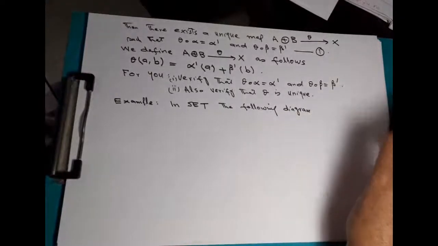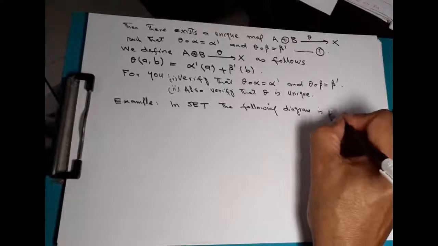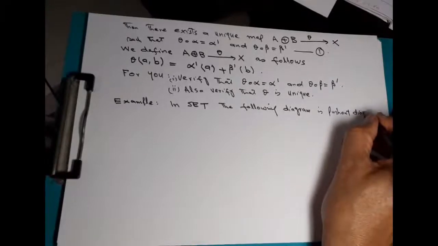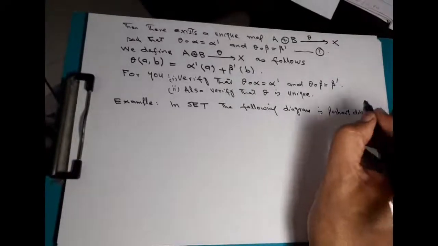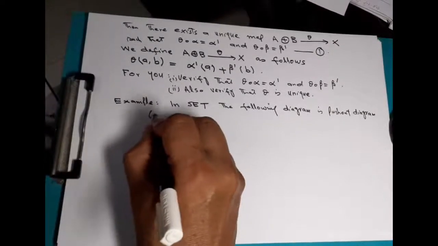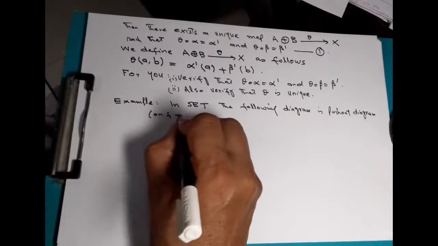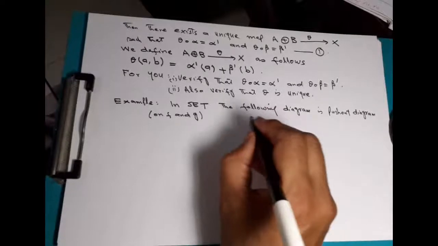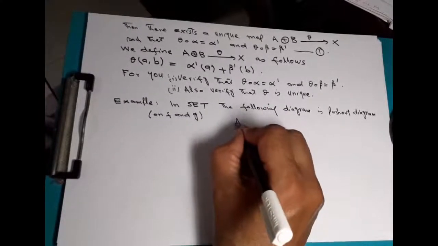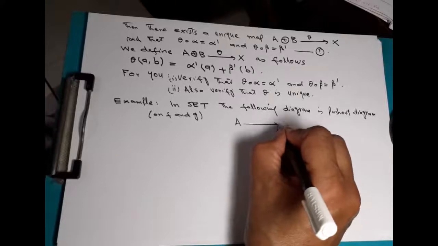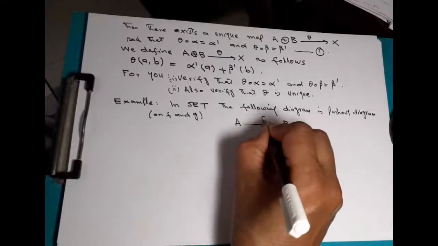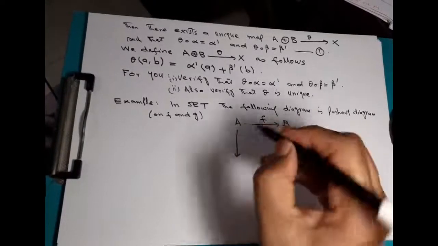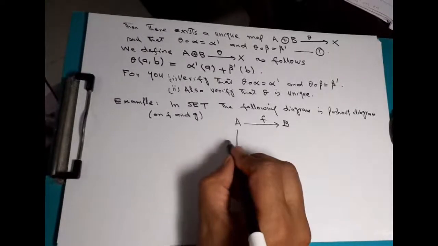Let me draw the diagram. The diagram is a push out diagram. So we are going to have a set A and a function from set A to set B, and call this function f, and a function from set A to set C, call it g.